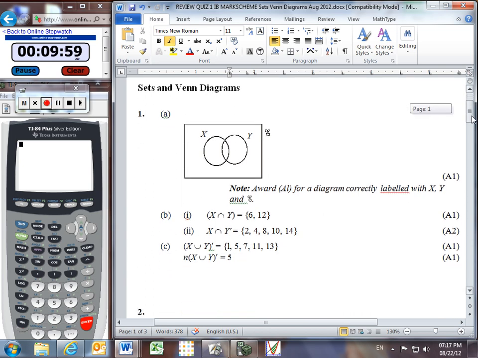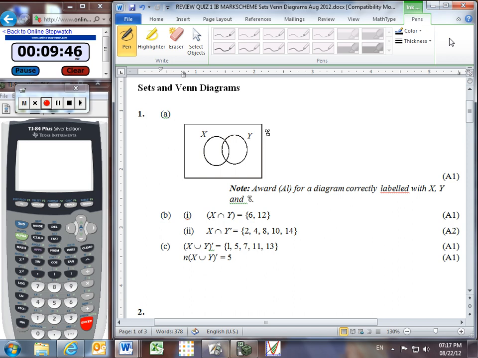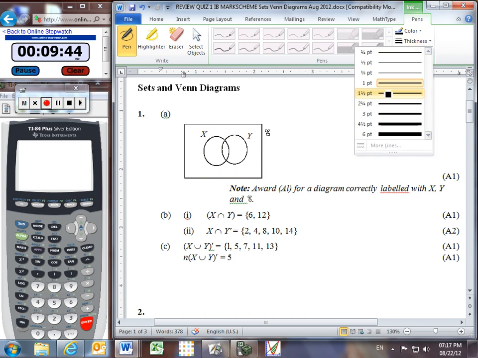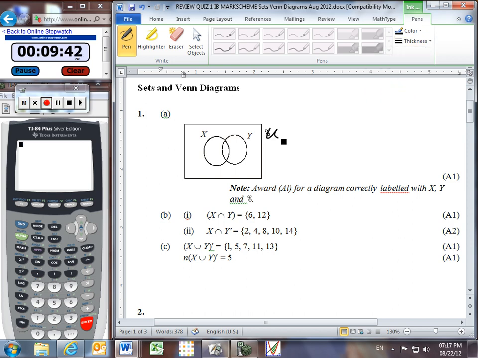So at number 1, there's the diagram of x and y overlapping, and of course we know this to be our U, our universal set, and you get 1 mark for such a diagram.